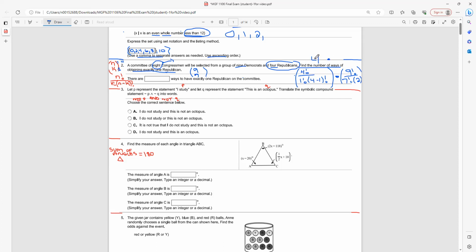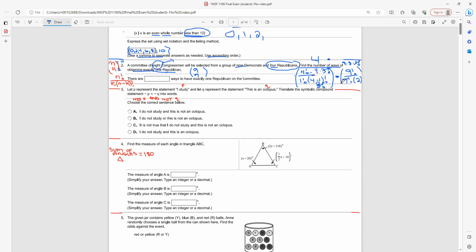It'll be 4 factorial, but I'm just going to simplify. Remember, you have 4 times 3 factorial here. In our denominator, we have 4 minus 1, which will also be 3 factorial. Those 3 factorials will cancel out, leaving 4. So 4 over 1 factorial just gives us 4, times 9 factorial. Again, this is going to simplify. We could simplify out that 7 factorial. So that'll be 9 times 8 times 7 factorial for the numerator.